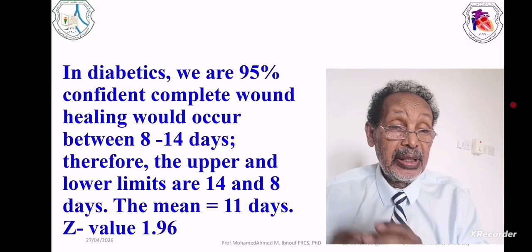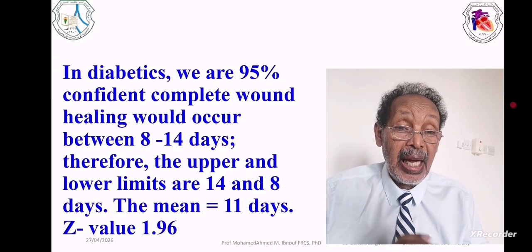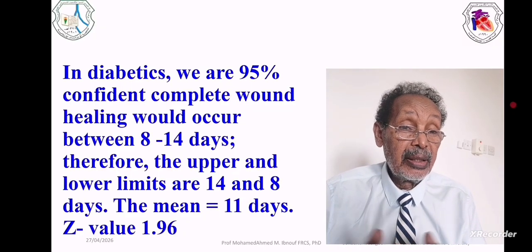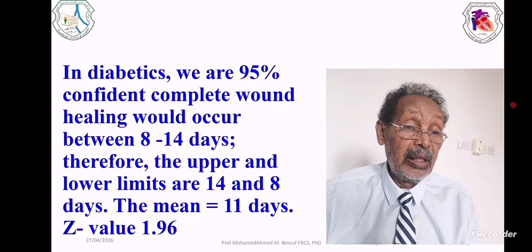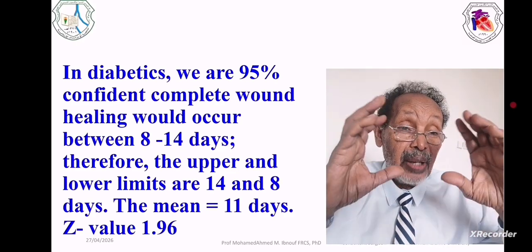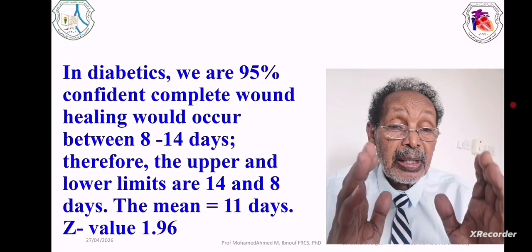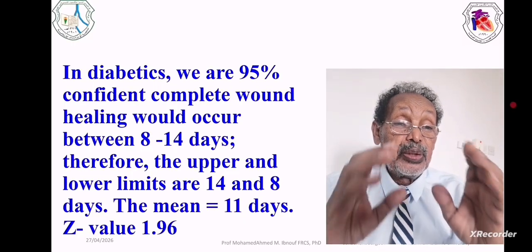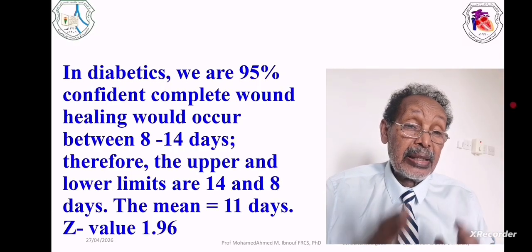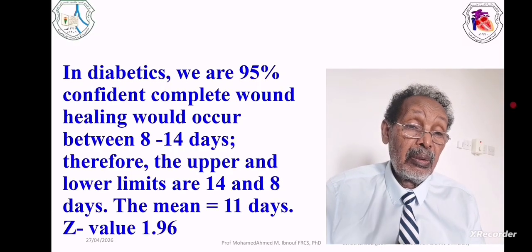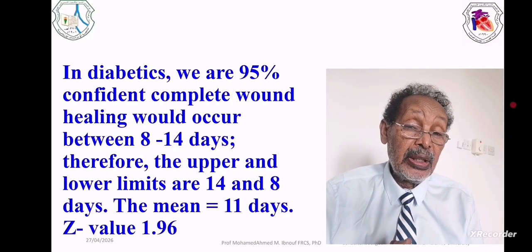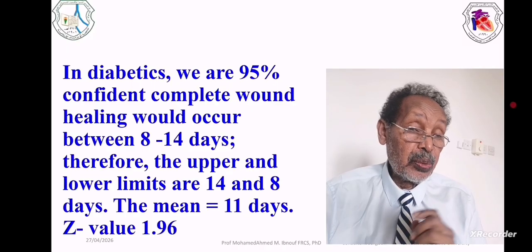The mean, when we take 14 plus 8, is equal to 22 divided by 2, which is 11 days. 95% of our data will lie within our 95% confidence interval and only 5% will lie outside. The cutoff will be marked by the Z critical value, which is 1.96.